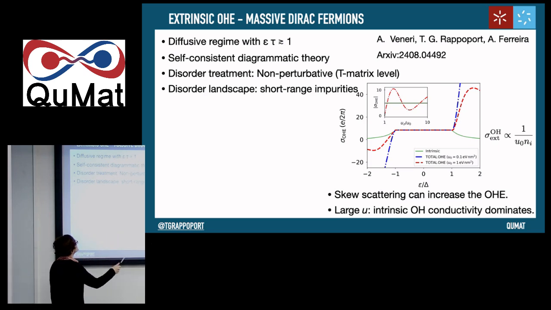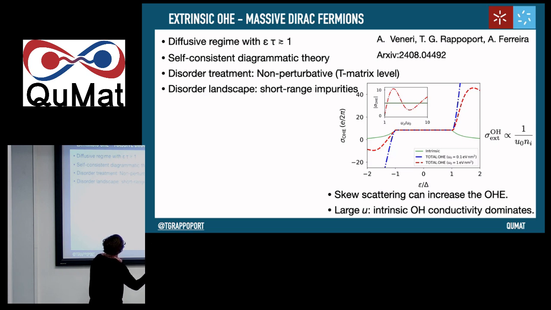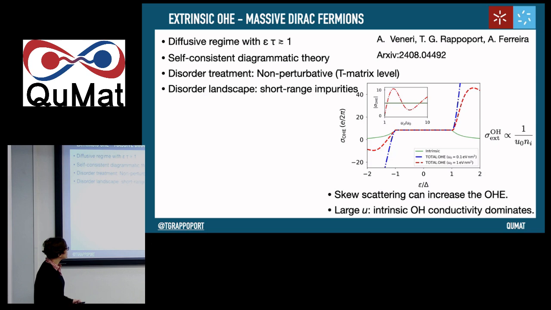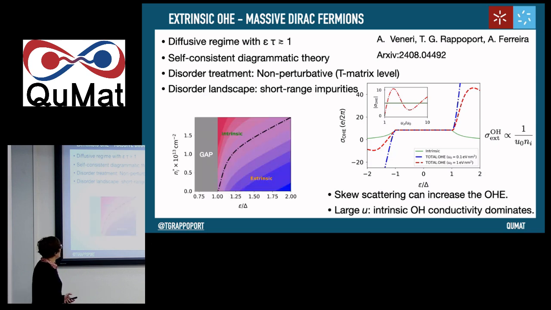So we see a skew scattering regime that's producing this extrinsic orbital Hall effect. And we can actually build a diagram of the impurity concentration and the Fermi energy that separates a region of parameters where the extrinsic contribution is larger than the intrinsic one, and the other one where the intrinsic contribution actually dominates. So we have the two regions.